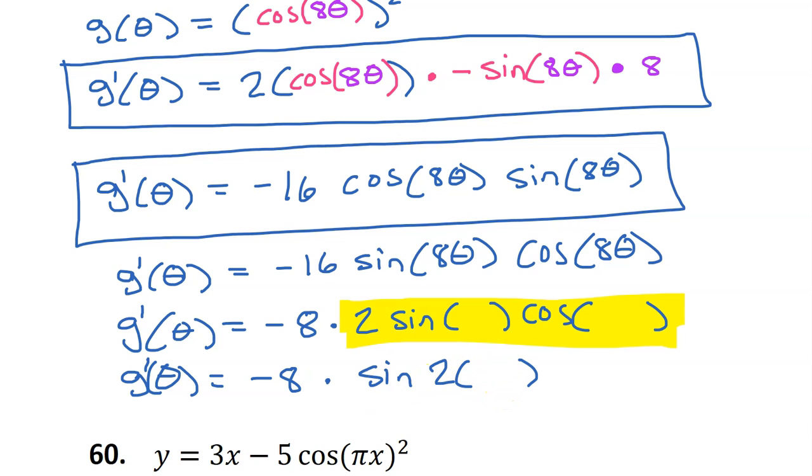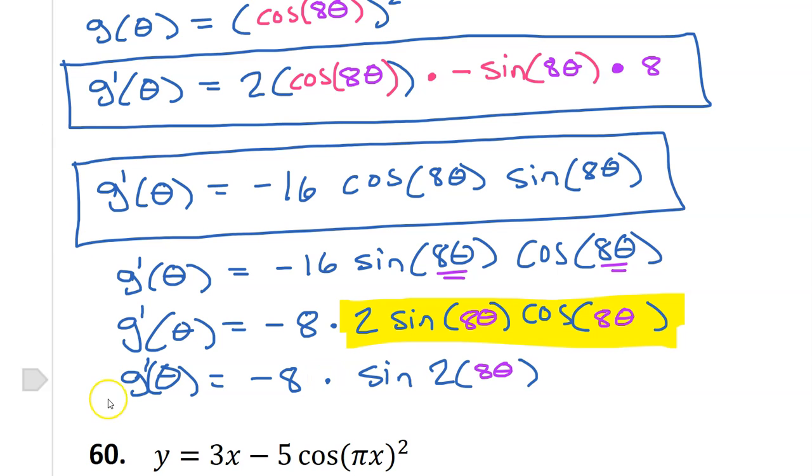But wait a minute, what does actually belong in there? Well, it was 8 theta that was in there. So I'm going to go ahead and put the 8 theta back now. So I have 8 theta in here too. So it's sine 2 8 theta, which can be multiplied.